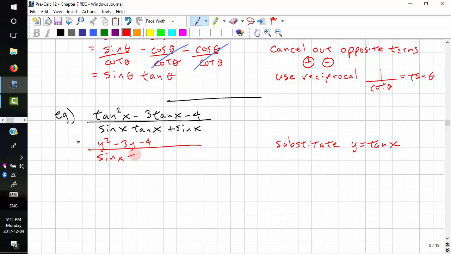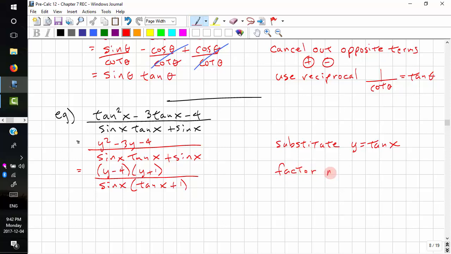Sine x tan x plus sine x. Now we can factor this, y minus 4, y plus 1. And we can factor the denominator as well. Pull the sine x out, sine x, and then we're left with tan x plus 1.